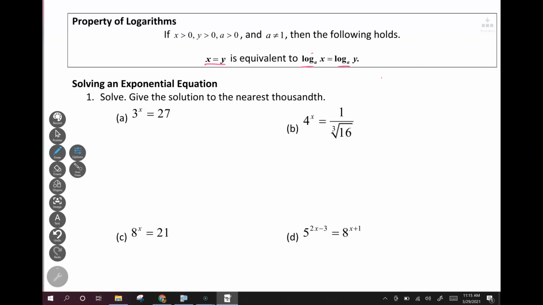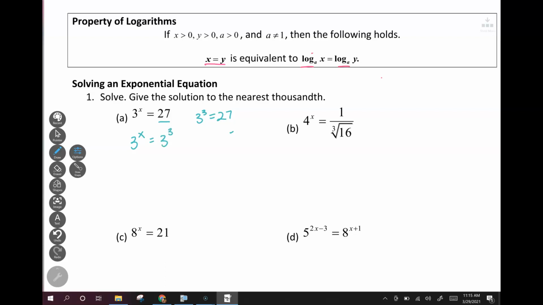One way that you can solve this is by changing the base of this side to be 3. How can I make 27 into a 3? Well, 3 cubed equals 27. So we can replace 27 with 3 cubed.